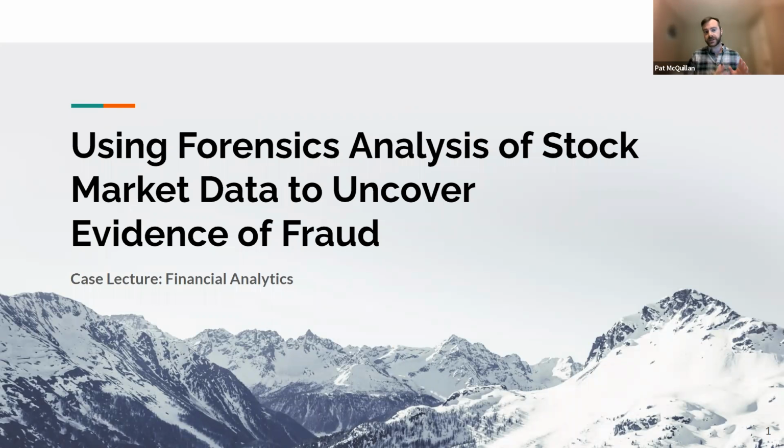And by forensic, I strictly mean there's an accusation of a crime occurring, and you need to look through almost the footsteps and the breadcrumbs of what led to that crime happening to understand maybe what the person did wrong, what their motive was, and how to understand the best way to penalize them. And so we're using forensic analysis of stock market data to basically see whether or not a company behaved fraudulently.